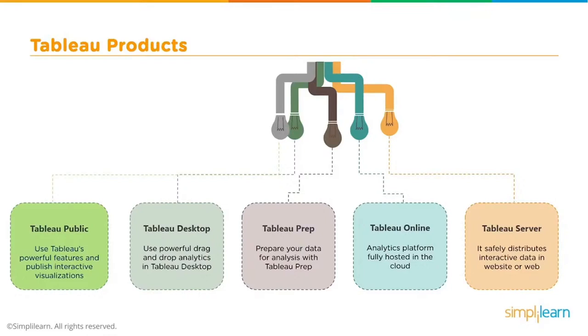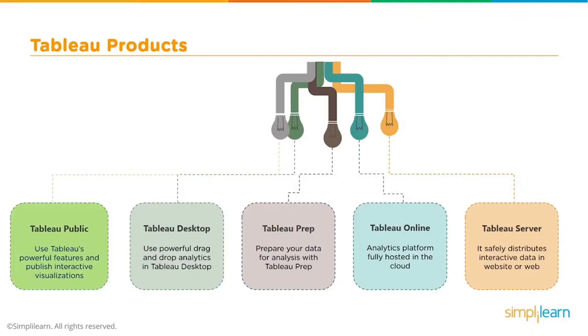Then there's a new tool called Tableau Prep, where you can prepare your data by seeing it visually before you connect and build reports. There's also Tableau Online, which is a cloud-hosted version of Tableau Server, a place where you can publish your dashboards, and it enables you to share your dashboards in a secure way. Tableau Server has an option to be on-premises.